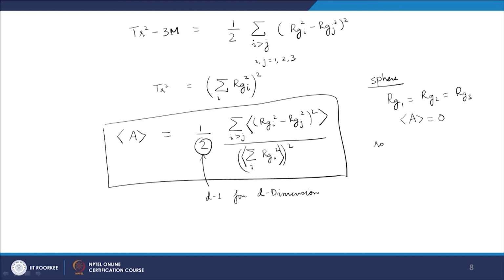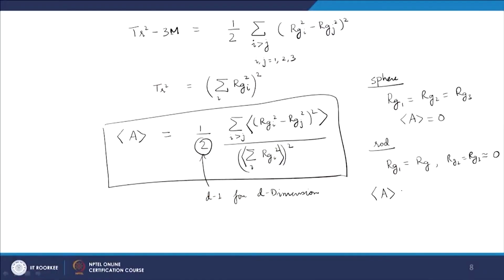On the other hand, if I have a rod, then Rg1 of course is equal to the length, but Rg2 and Rg3 are pretty much comparable to 0. And so what I do get from this is A is equal to 1 by 2, and on 2 occasions Rg1 square will appear, everything else is 0.